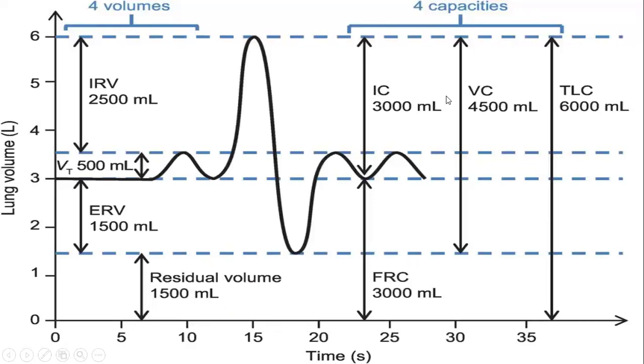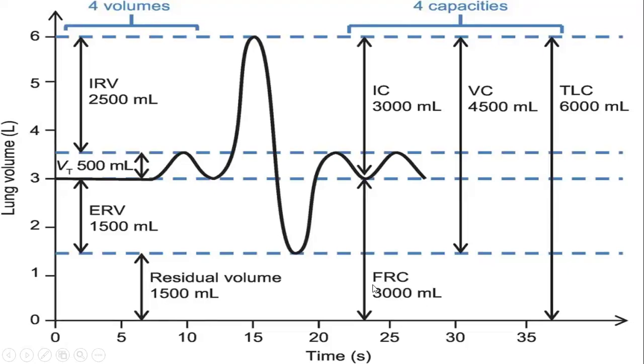The capacities are actually the additions of the volumes. In the inspiratory capacity, we have 3,000, which is 500 tidal volume plus inspiratory reserve volume. So inspiratory capacity is equal to tidal volume plus inspiratory reserve volume. Okay. Functional residual capacity is equal to expiratory reserve volume plus residual volume. It also goes to 3,000 mils.